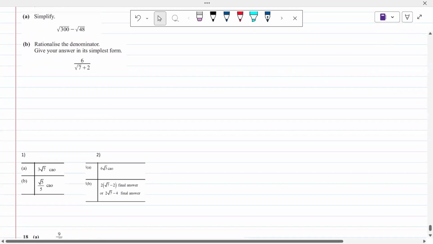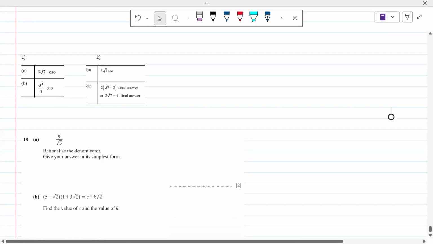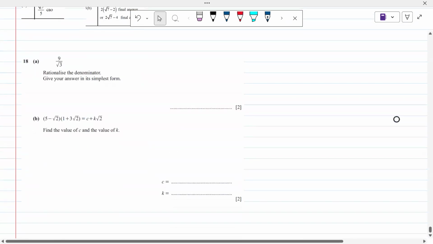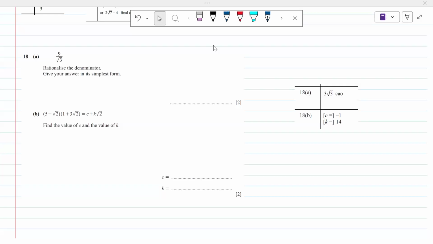Okay, so these are the two correct answers for the two questions given. And after these two questions, I have another question. This came in IGCSE 2025, paper 2, variant 2. Solve this also. Okay, so these are the answers for this past paper question.